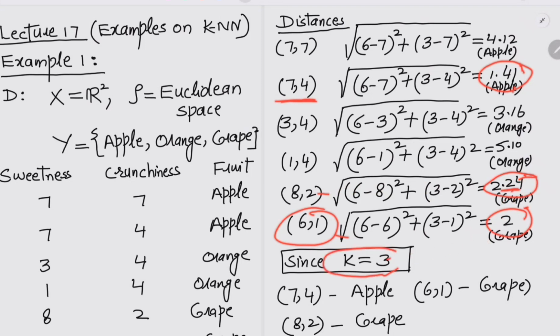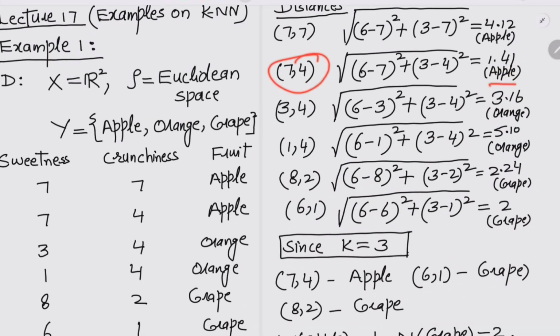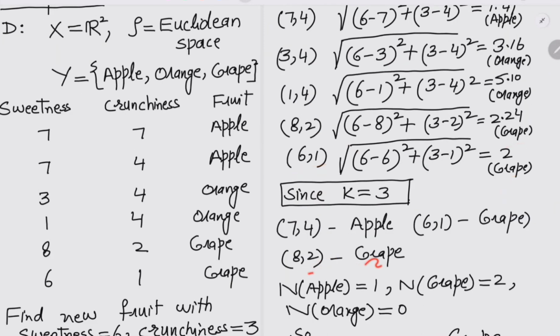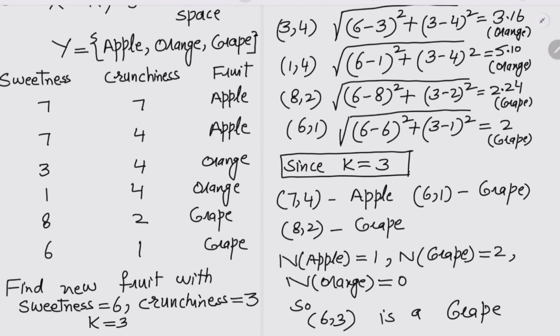K equal to 3 means we need to find the 3 least distances from all these distances. So 7, 4 stands for an apple, 6, 1 stands for grape, and 8, 2 stands for grape.